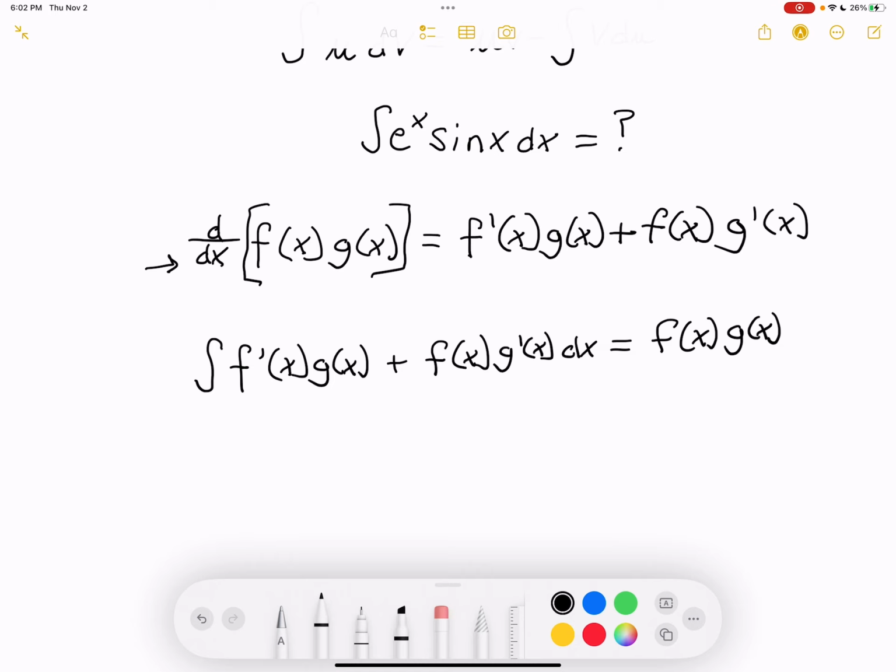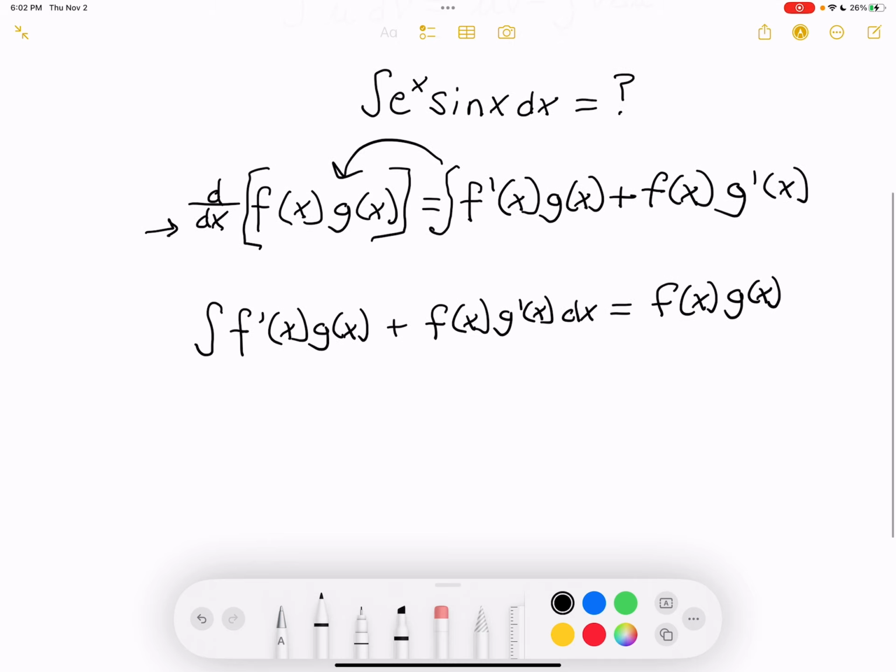So I can basically take the integral of this derivative and get back right where I started. And that's what this line shows.